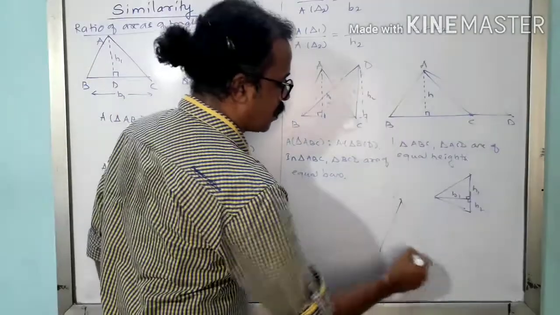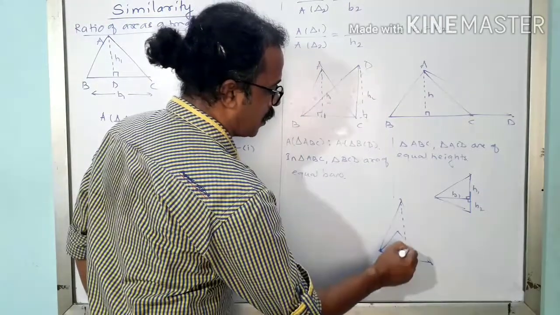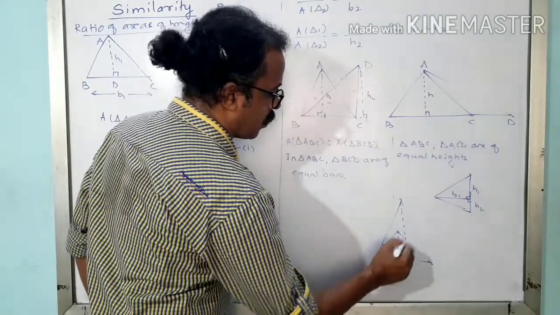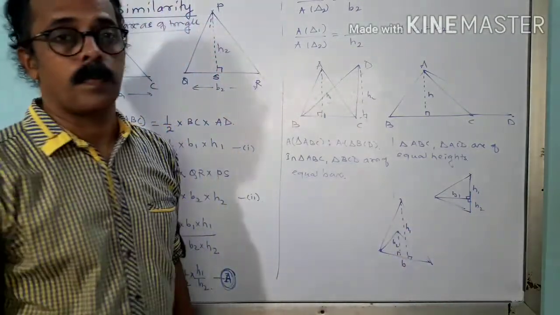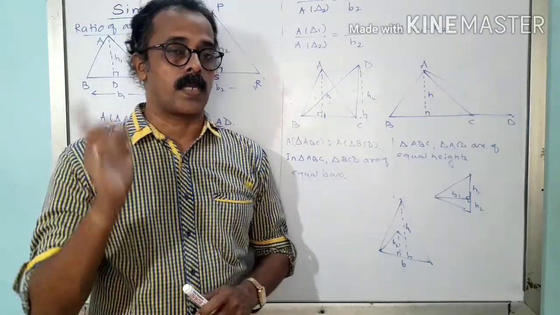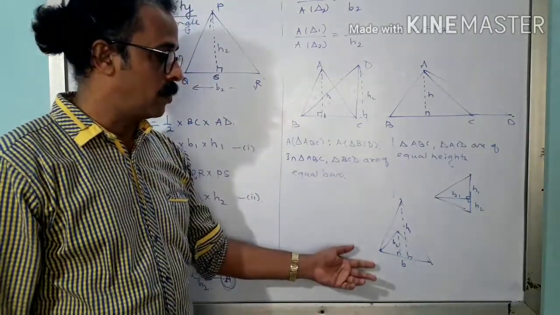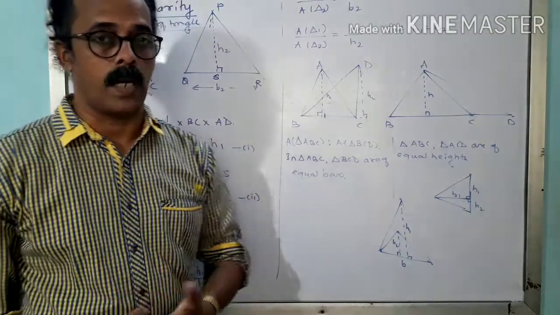Suppose these are the two triangles I give you and this is the height I am drawing, so this is H1, suppose this is H2 and this base B is common, right? So that is the way you try to understand from the configuration of the figure given to you whether they have the equal base or equal height, right?